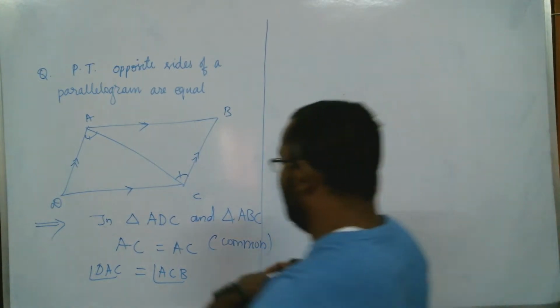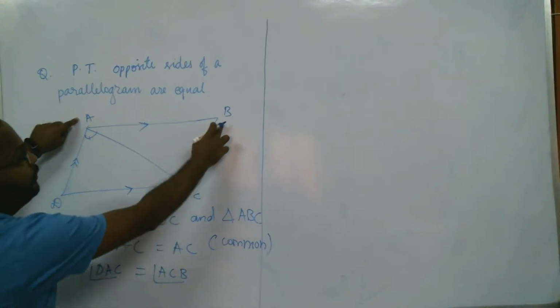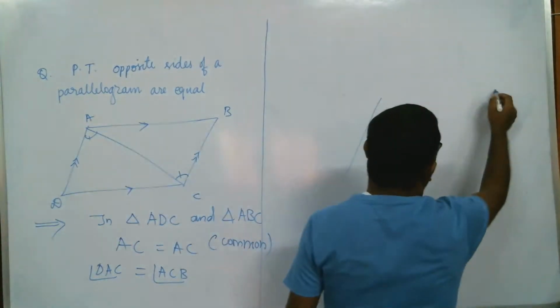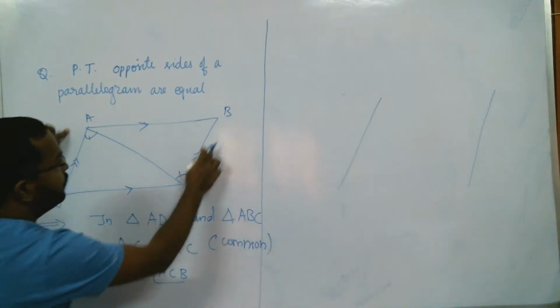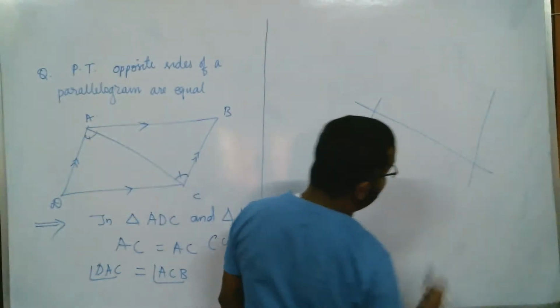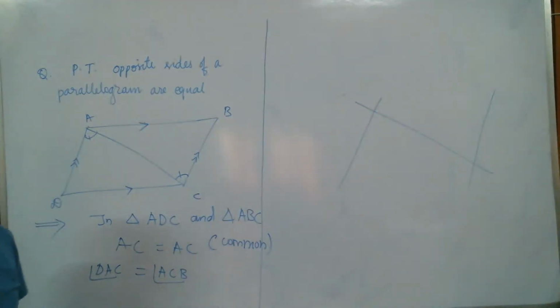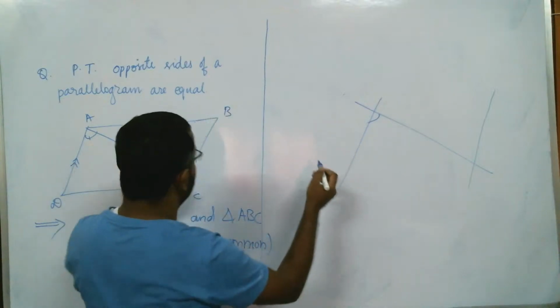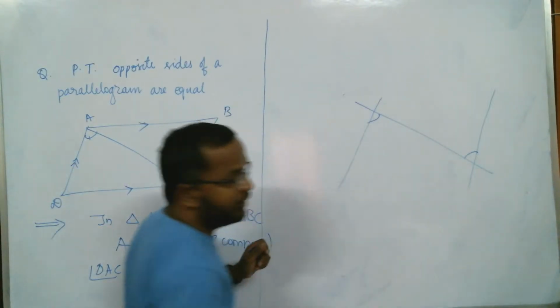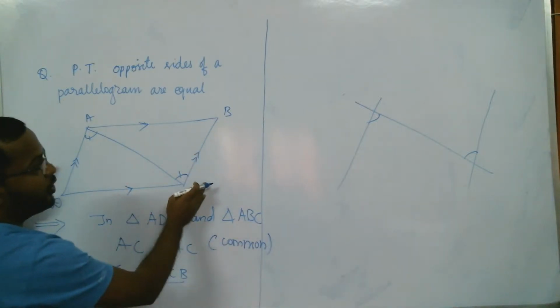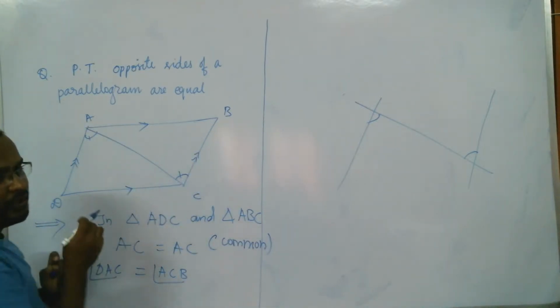See here, these two are parallel lines, so let me draw that separately. This line is your transversal. In this, I have taken this angle and this angle; I have just drawn one part.